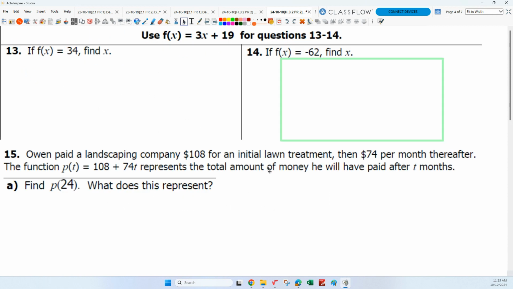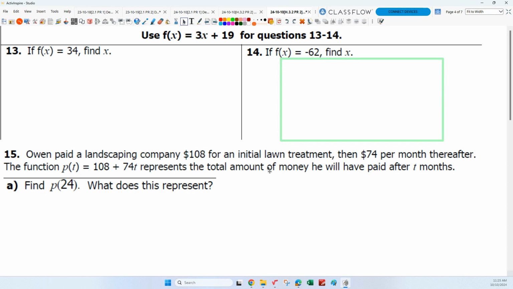Okay, what about number 14? What am I going to do there? Take a look at that one. So we set 3x plus 19 equal to negative 62. Exactly. Now, do you see why we're not inputting? This is different than the last examples.